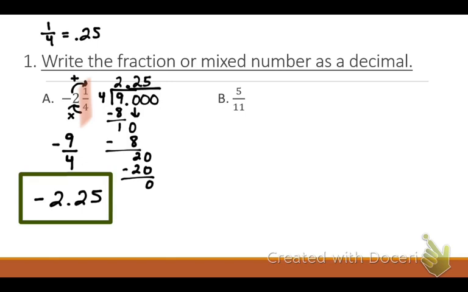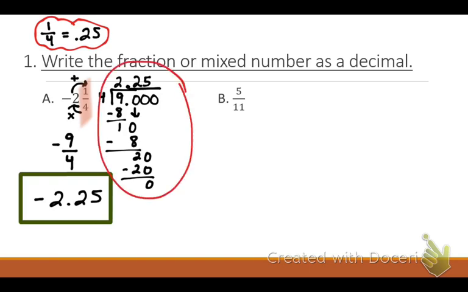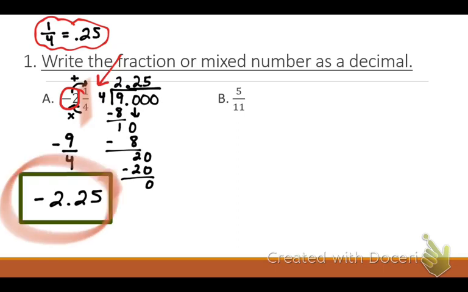This is one of those facts that you could memorize, and from now until the rest of your days, you would not have had to work this whole thing out, because you could have just known it was going to be -2, and then this was 0.25. If you notice our answer right here, -2.25. If you don't have the fact memorized, though, you can always work it out by long division. Let's go on to problem B.